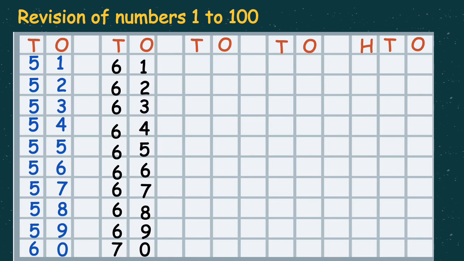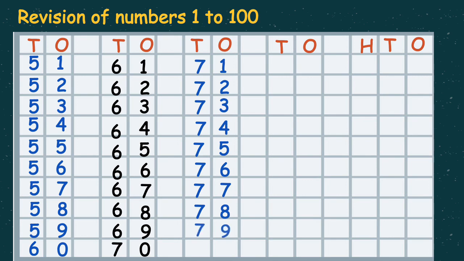Fabulous. Now, the next set after 70 is 71, 72, 73, 74, 75, 76, 77, 78, 79.